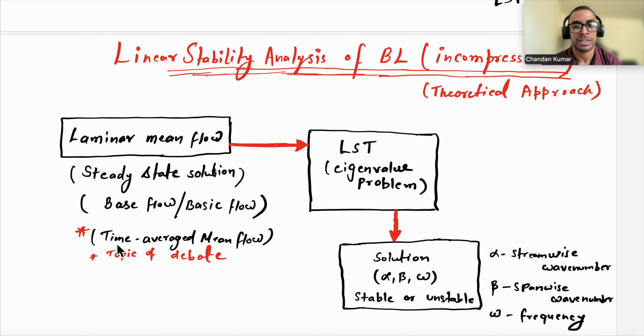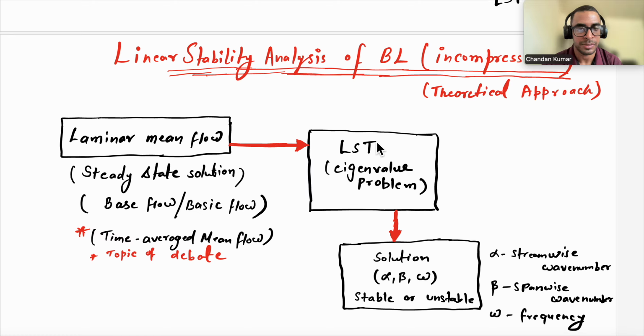Sometimes researchers also use time average mean flow, but this remains a topic of debate, since the time average mean flow comes from the time varying flow such as LES or other kind of transient flow. But for now, we will stay out of this debate and we will consider the laminar mean flow.